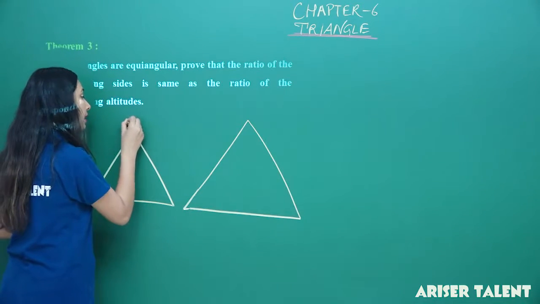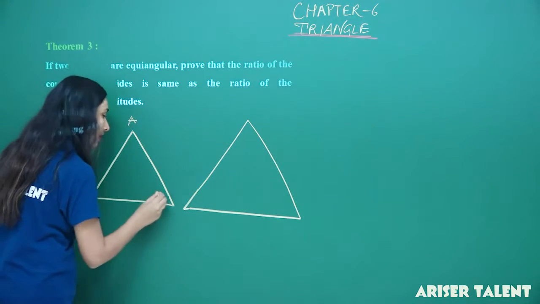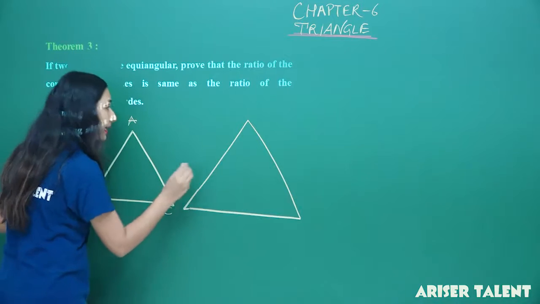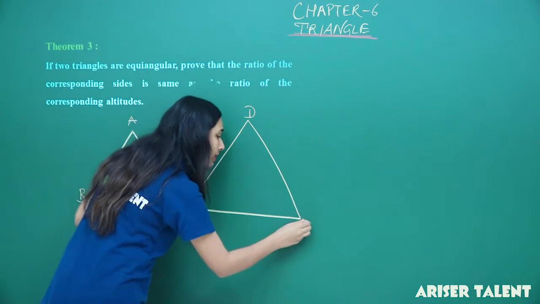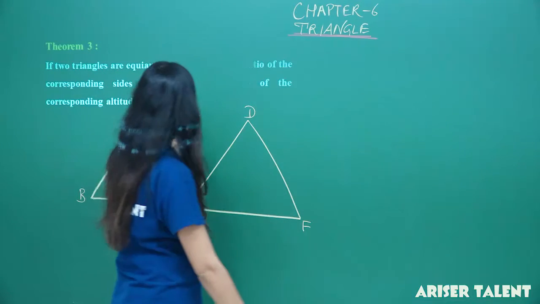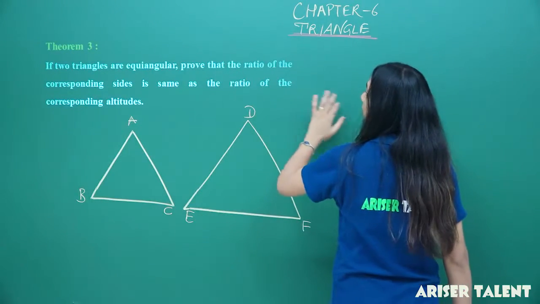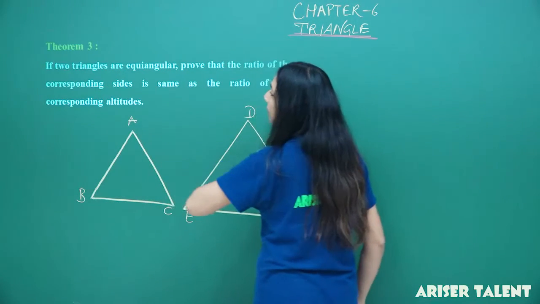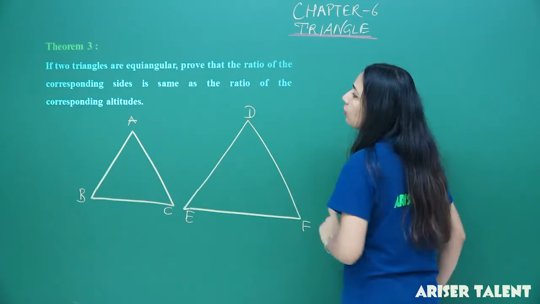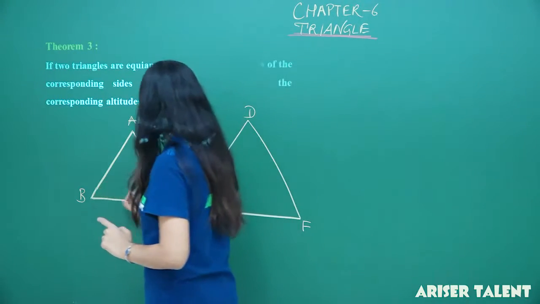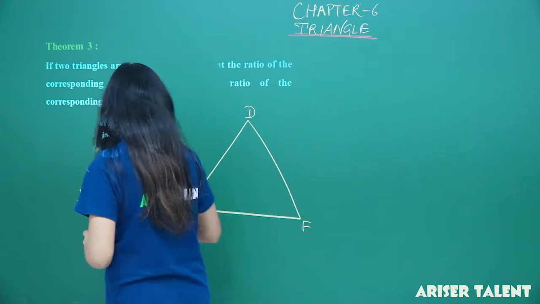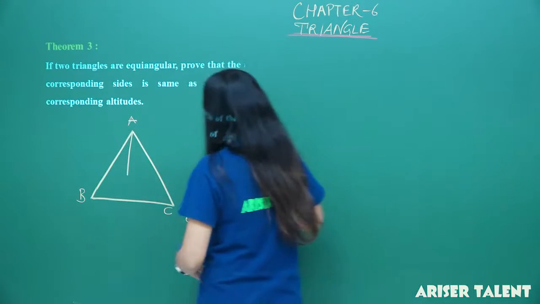Now name it A, B and C, and name it D, E and F. We do this now. Okay. Now it's saying to prove that the ratio of the corresponding sides is the same as the ratio of the corresponding altitudes. So if I am taking an altitude here, this is not an altitude.